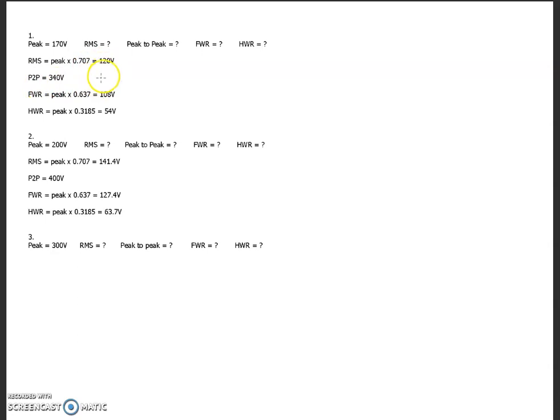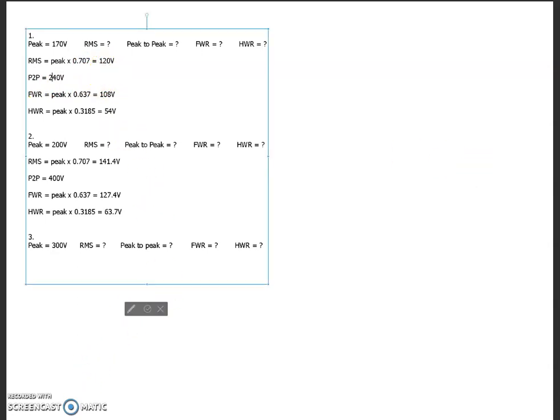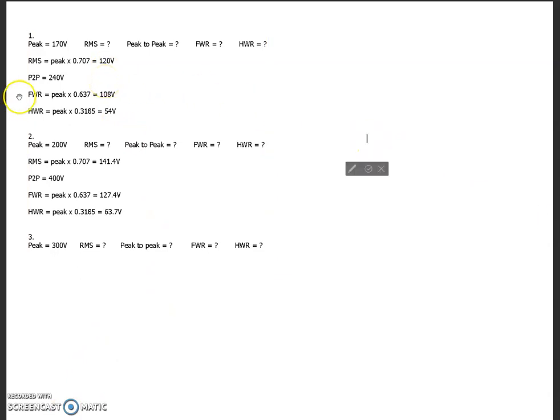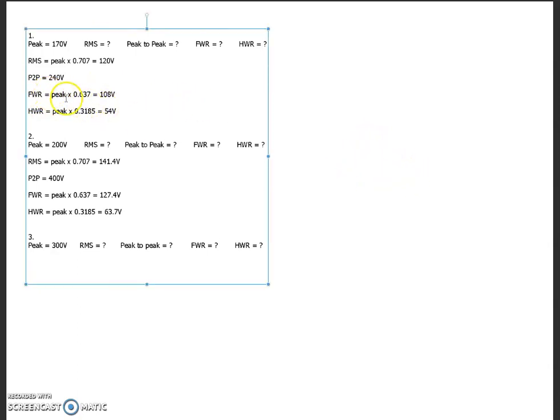The peak to peak is 240 volts. Full wave rectified is the peak times 0.637, which gives us 108 volts. And half wave rectified gives us 54 volts, peak times 0.3185.